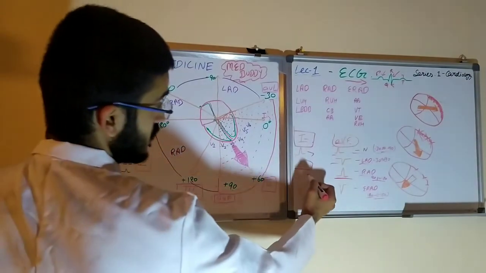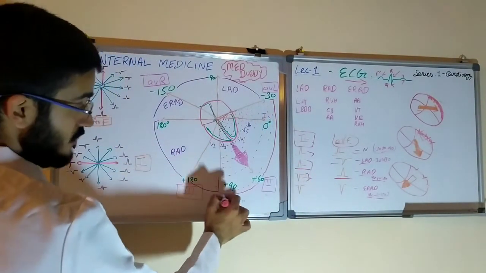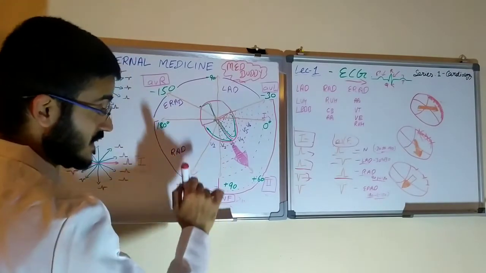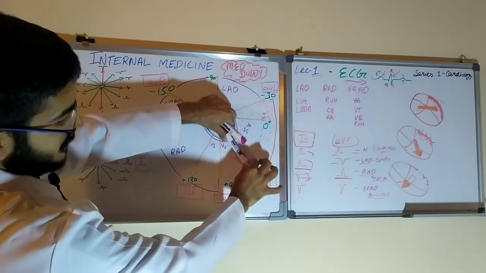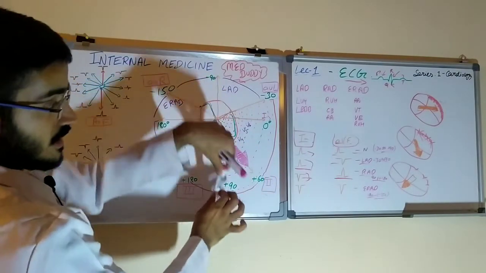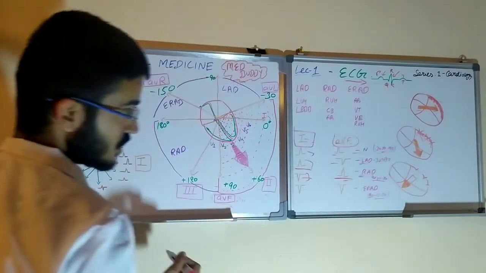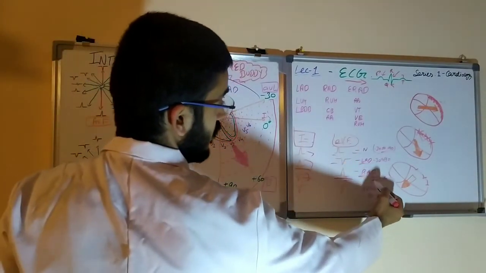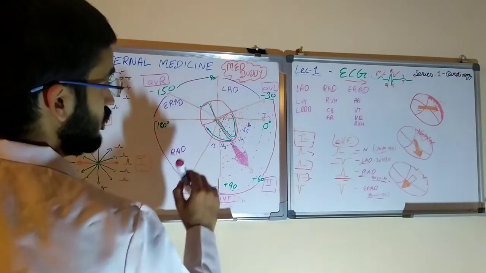That's why it has become negative, and the AVF has become positive and even stronger, because the axis is now pointing more towards it, and we are going to call it right axis deviation, between 90 to 180 degrees.